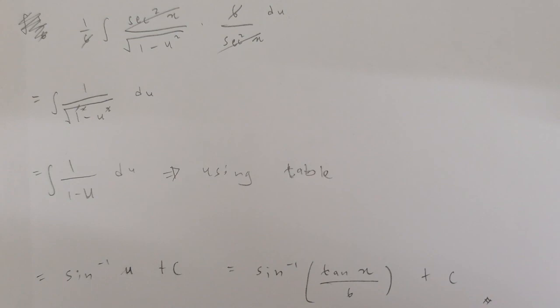Okay. And then u, we substitute it back to what it is before. Then we get the answer, which is inverse sine of tan x divided by 6 plus c.